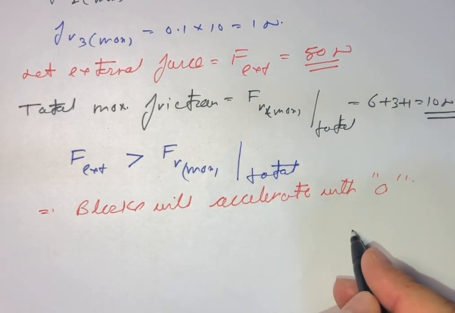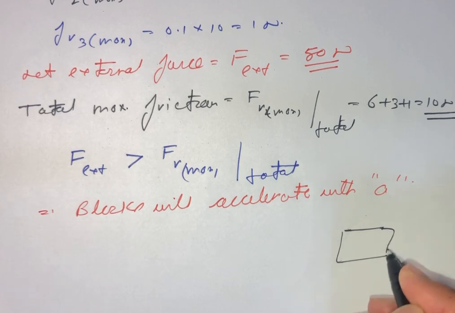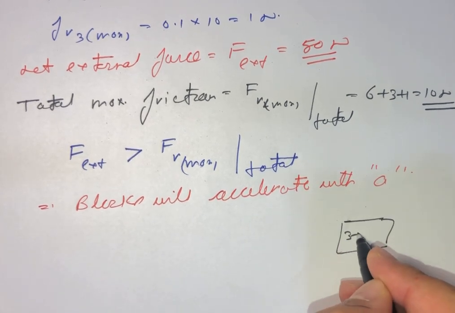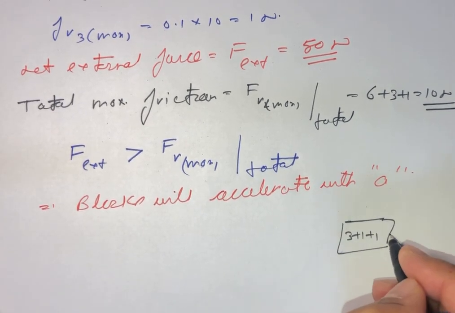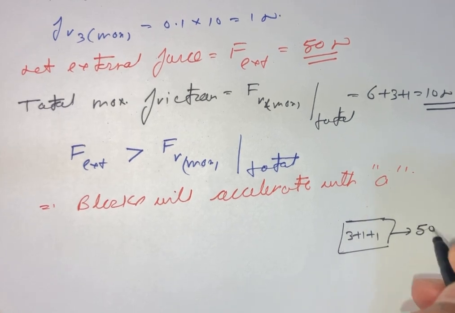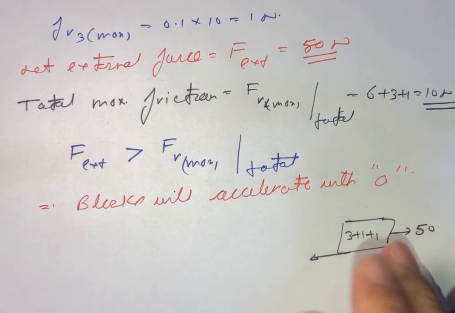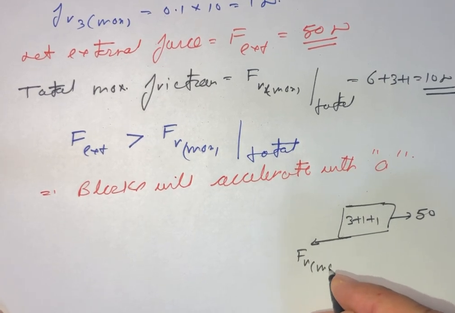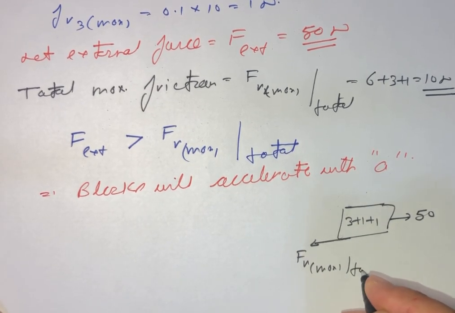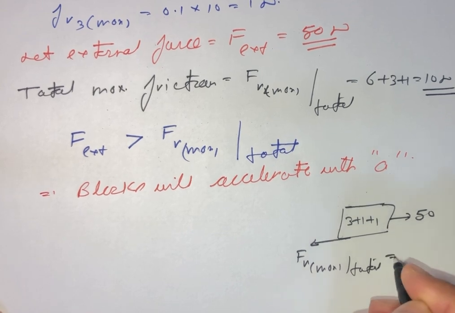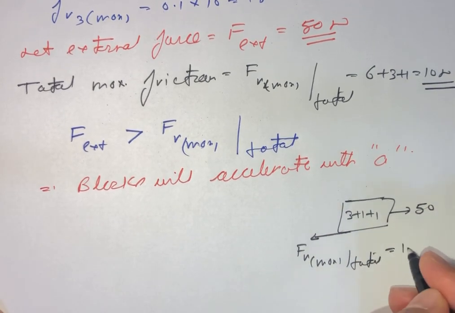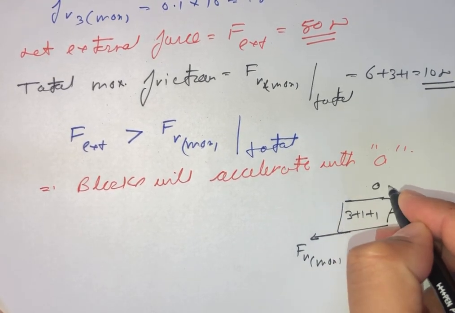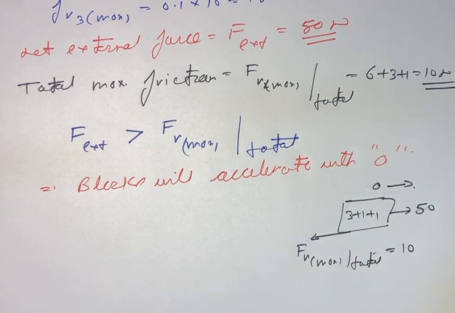Let us combine these blocks into one. So this will be 3 plus 1 plus 1. So we have a net external force of 50, and we have FR max total, which is coming as 10. So let us say this acceleration A is towards the right.